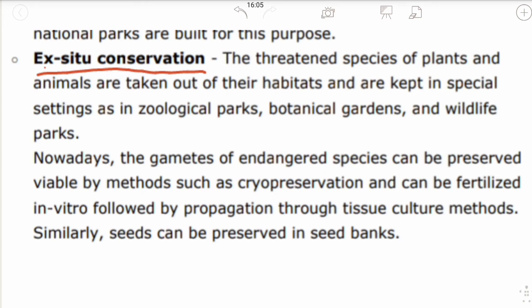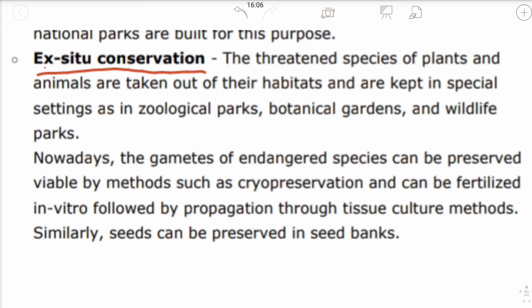Such plants and animals are taken out of the habitat and kept in a different area where they are protected and given special care, such as zoological parks, botanical gardens and wildlife sanctuaries, such as lion and tiger, which may harm people, so they are taken out of the habitat.